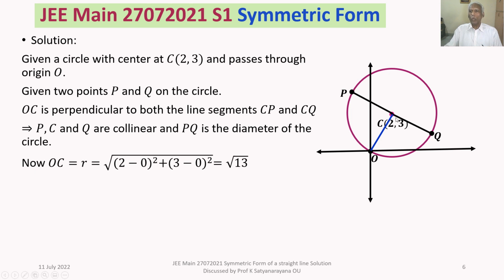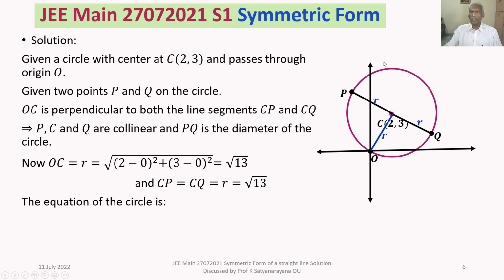CP is also a radius, CQ is also a radius. CP is equal to CQ is equal to the radius, root 13.